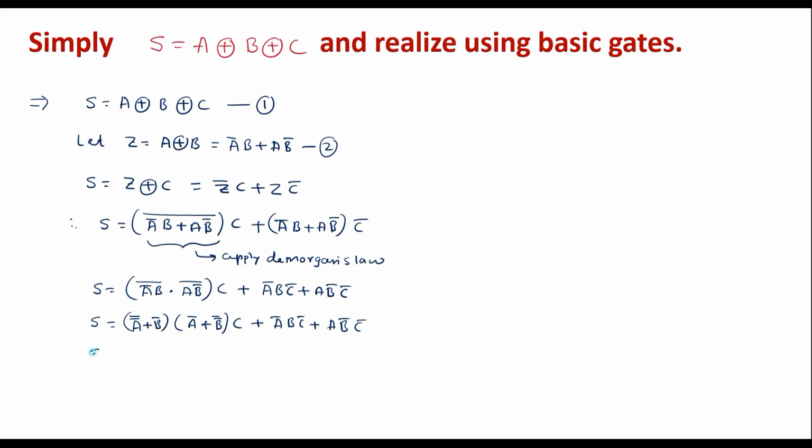Further I can simplify this as S is equal to A bar bar is nothing but A, plus B bar. Here I can write it as A bar plus B C plus we have A bar B C bar plus A B bar C bar.